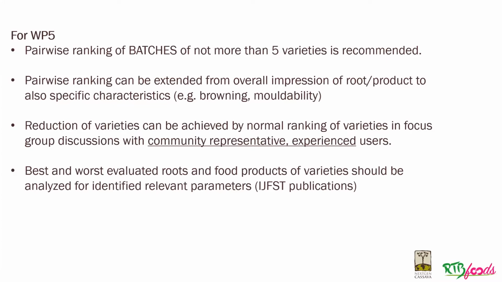The reduction of varieties can be achieved by a normal ranking of varieties in focus group discussion with community representative experienced users. It would be very important that we always talk to experienced users, and especially people should be experienced in farming and processing. If you have only processors, they might be biased towards only processing.